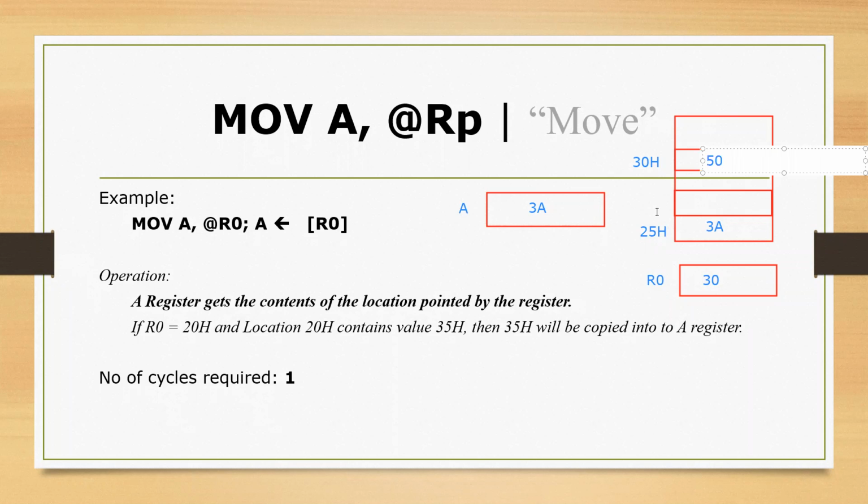In the example given, it is memory location 20, so let's change it. The content of location 20 is 35.